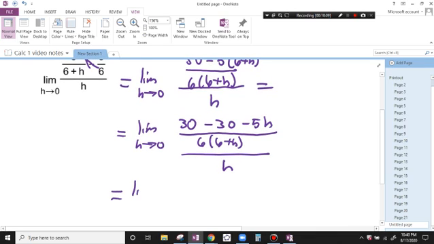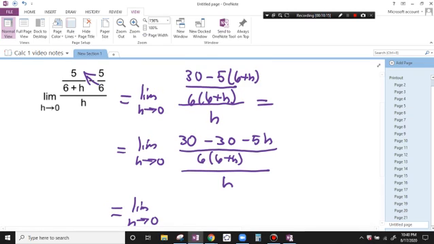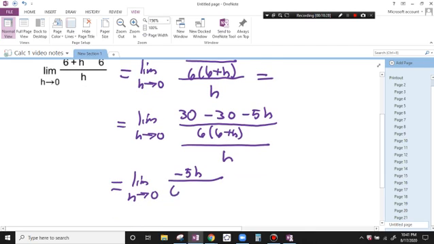This is equal to the limit as h tends to 0. All I did here was distribute the 5. 5 times 6, 5 times h, and it's a negative 5. The 30s cancel. I'm left with a negative 5h over 6 times 6 plus h, all divided by h.